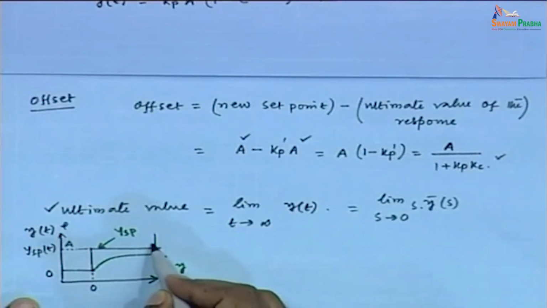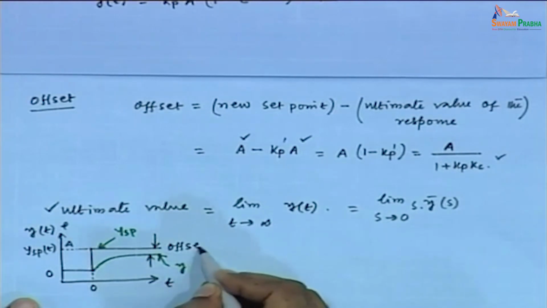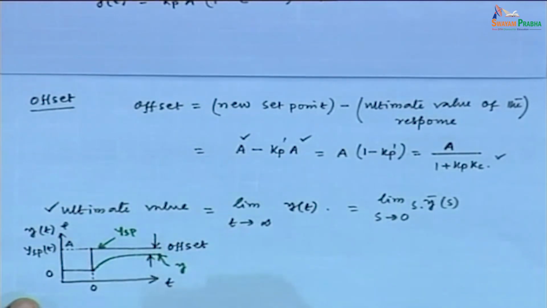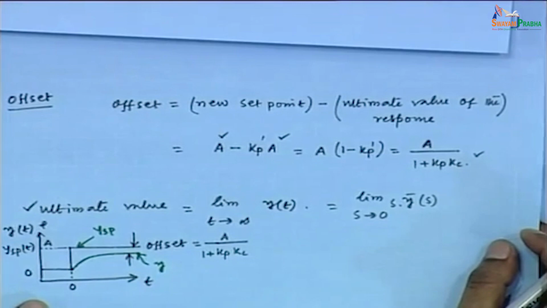Now, this steady state deviation of the control variable from set point value is offset. This difference is offset, and mathematically it is A divided by 1 plus k p k c. Now, when k c tends to infinity, what about offset?